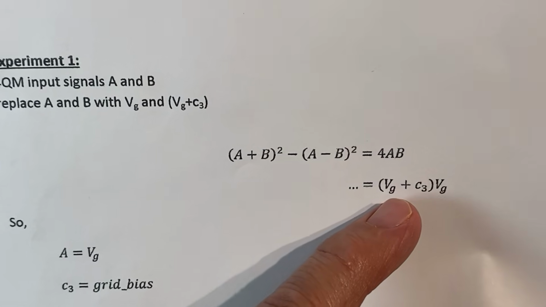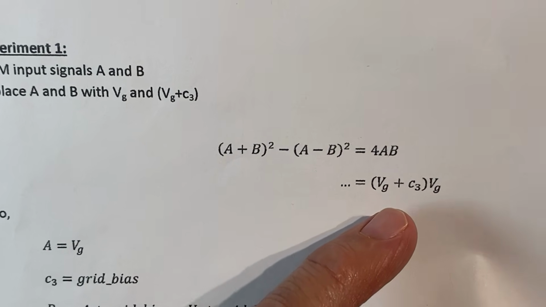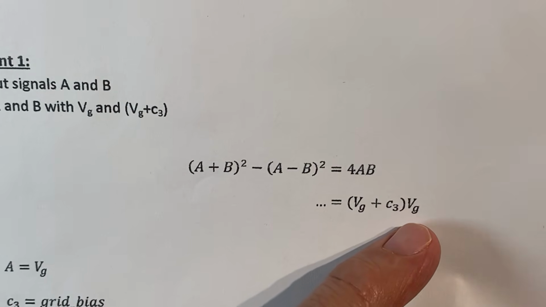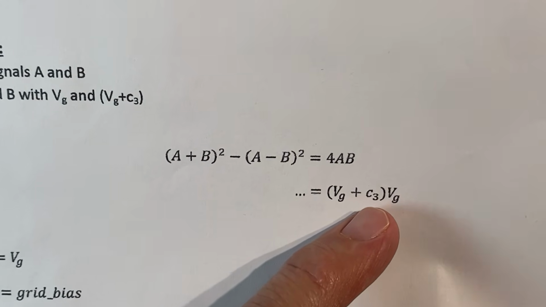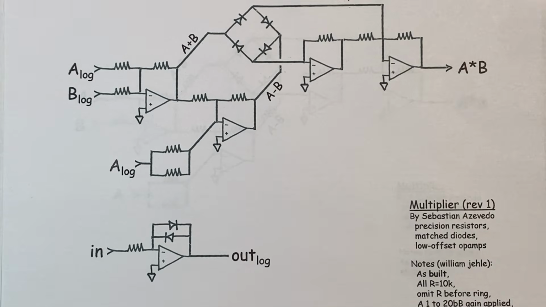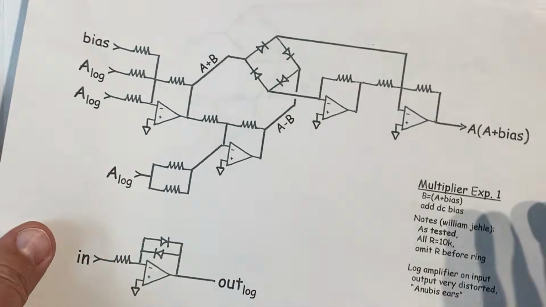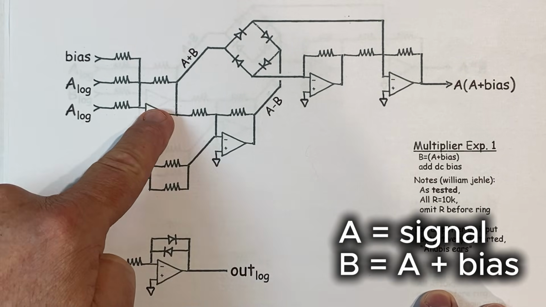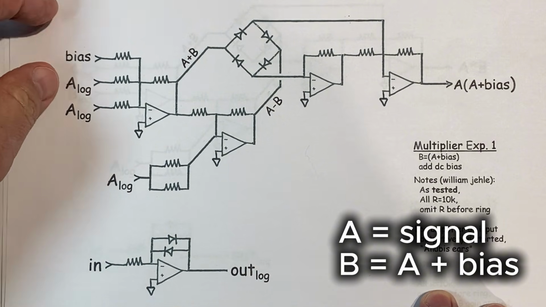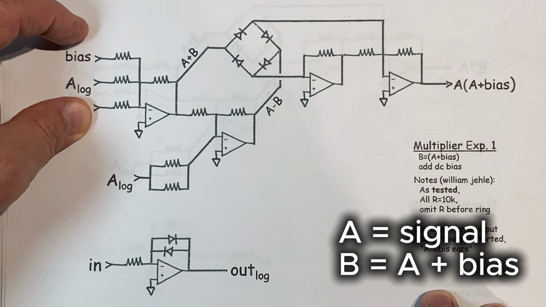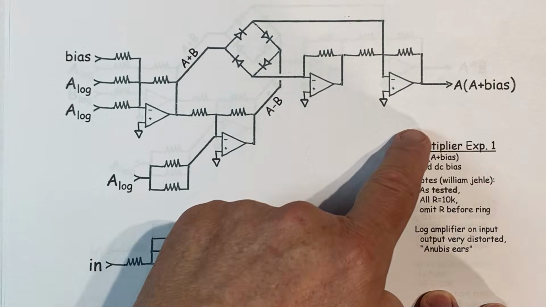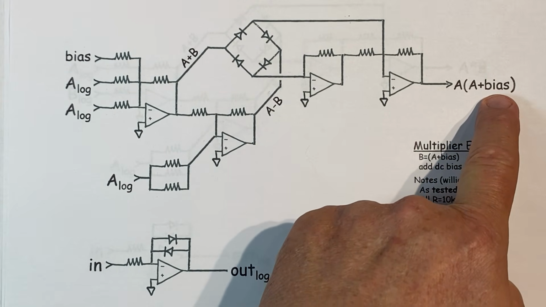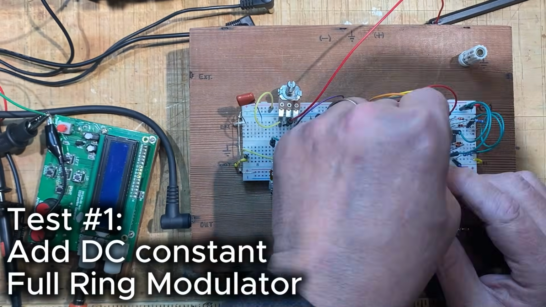So in trying to produce an output similar to a triode, I have my two signals here, the grid voltage times the grid voltage plus a constant. So really all I should have to do is change these inputs. I've got the signal multiplied times the signal plus what I'm calling the grid bias. And that should give me a product of the grid times the grid plus that bias voltage.